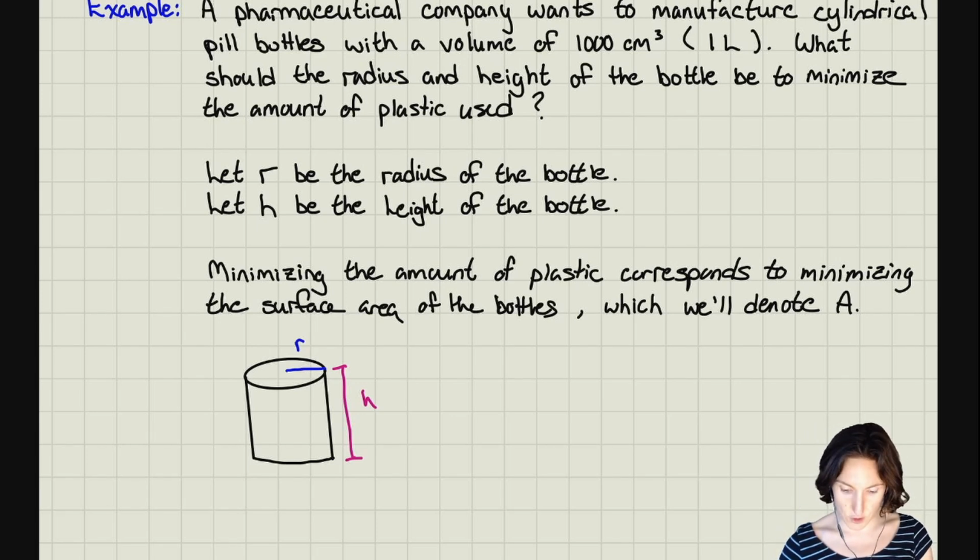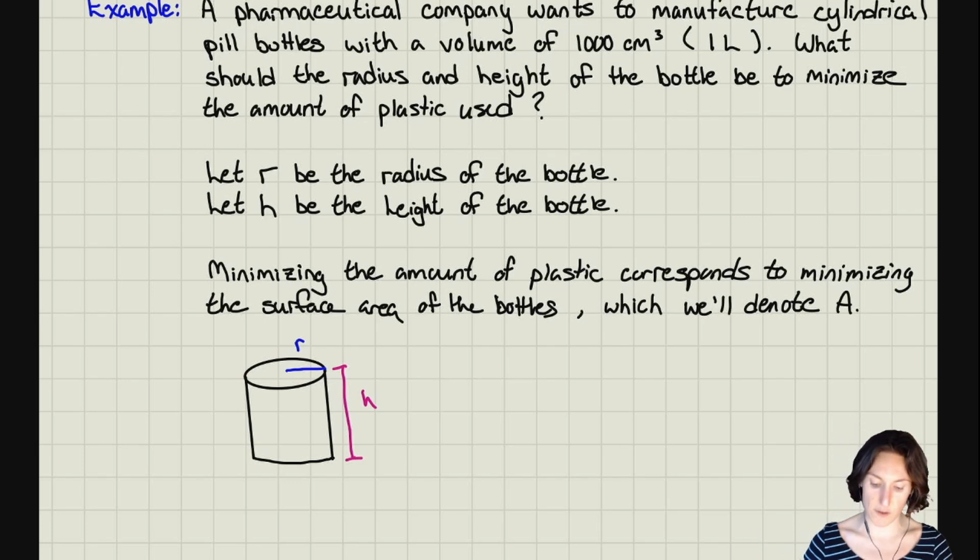So I'm going to have the top and the bottom of this pill bottle. Let's just say the cap and the bottom. It'll be an easy mechanism. Lids realistically are actually a little bit more complicated, but that's fine. We'll assume that they're the same for this problem. So we're going to have the top of the pill bottle and the bottom of the pill bottle, and then the side of the pill bottle.